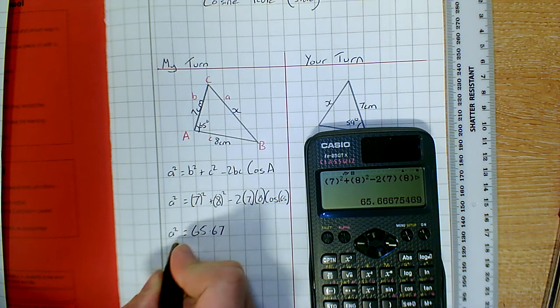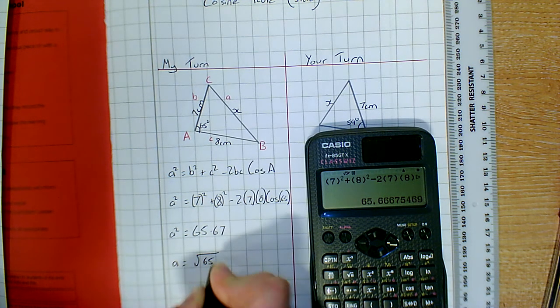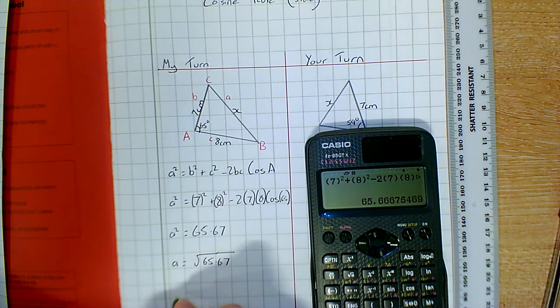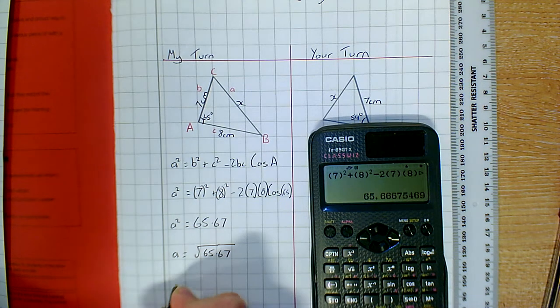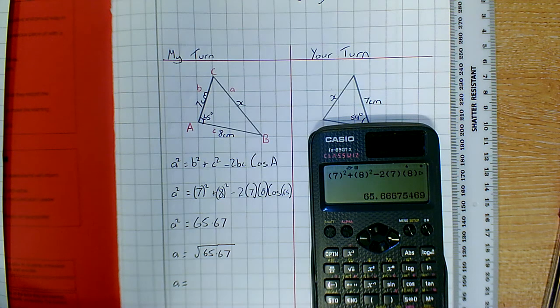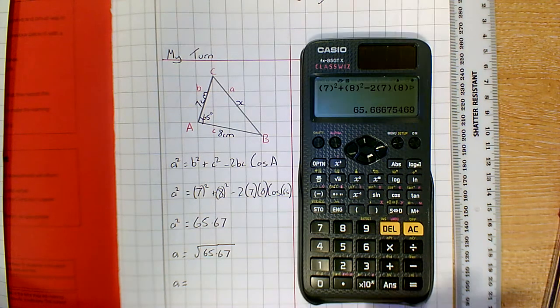Okay, so that's a squared, remember, so if I want to find a, then it'll be the square root of that. And as I've showed you before, you could type 65.67, but rather than type it back in again, I'm just going to use the answer button in the calculator. Okay, it's just down beside the equal sign.